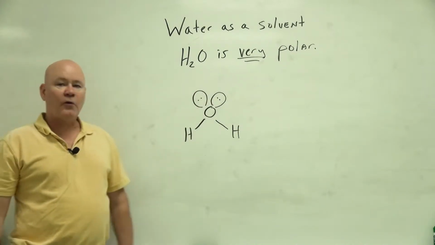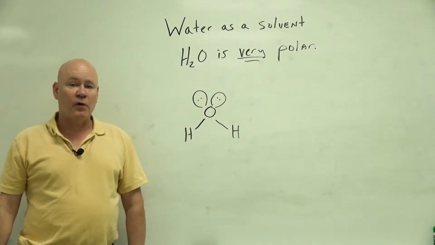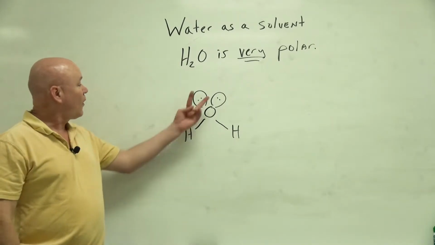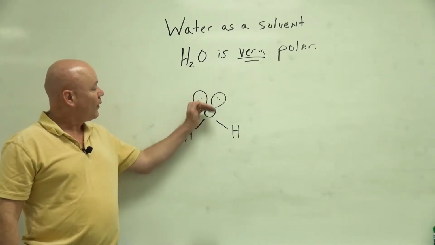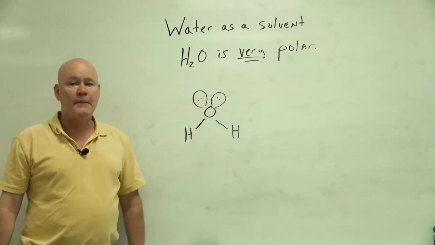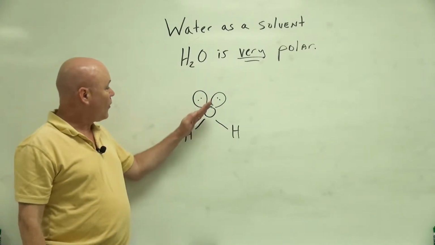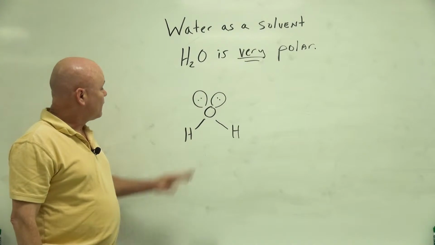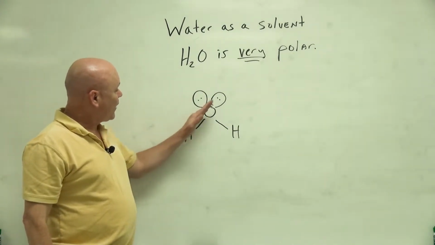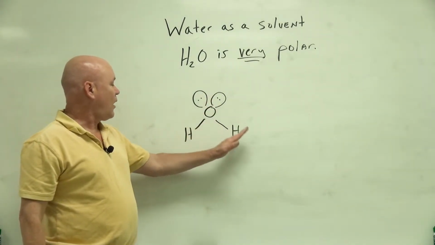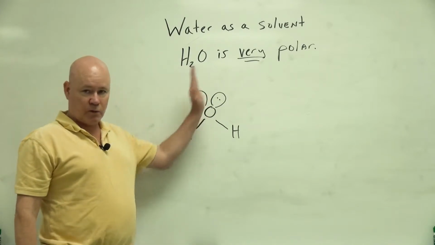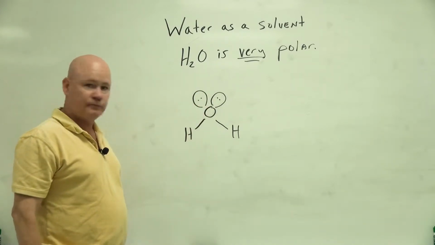And if you recall, the electronic geometry of water was tetrahedral, but because of these lone pairs, the molecular geometry is bent. Now, because it is a bent molecule, it allows the dipoles that are being formed between the oxygens and the hydrogens to go in a direction.